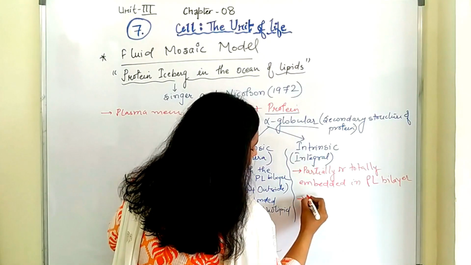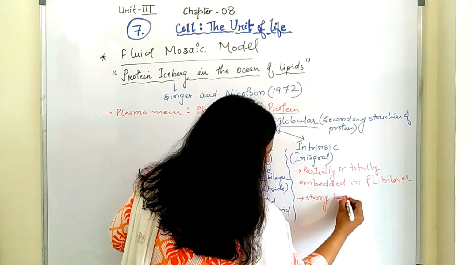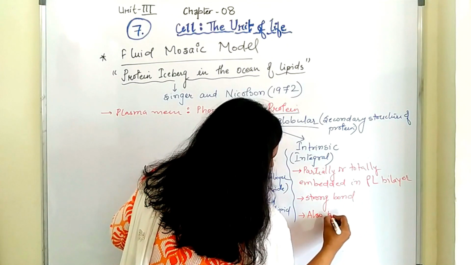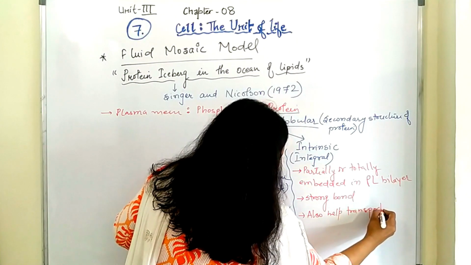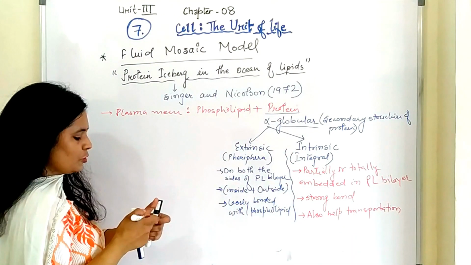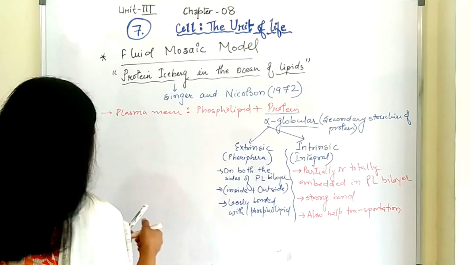It has a strong bond and also helps in transportation. Okay, so these are the two basic types of protein on the basis of their position in the plasma membrane.